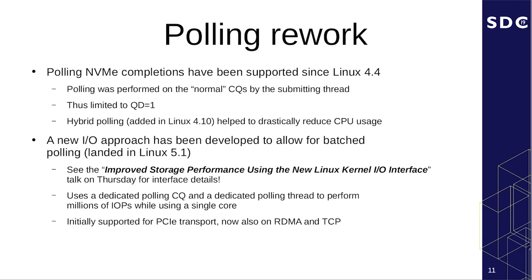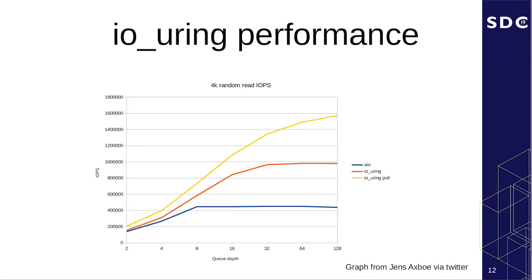We can actually combine that to some extent with hybrid polling, but basically your application is just submitting I/O through one ring, has another ring where it can get notifications for completions, and then the actual polling of the hardware is done by another thread. Initially we've just done that for PCIe. By now we also have it for RDMA and TCP.